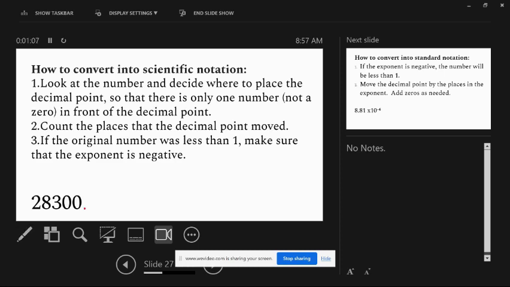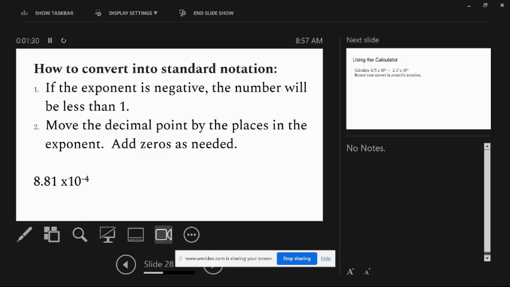We would move that decimal point, and we're going to count 1, 2, 3, 4, and we're going to relocate the decimal to here, which makes this 2.83 times 10 to the 4th. Okay, just a recap of what we looked at last week. Any questions about that?